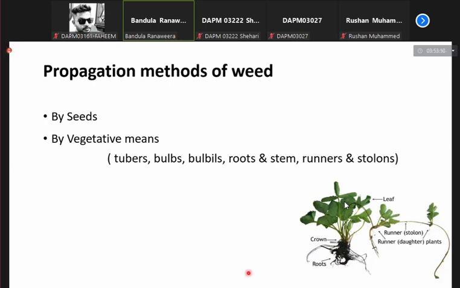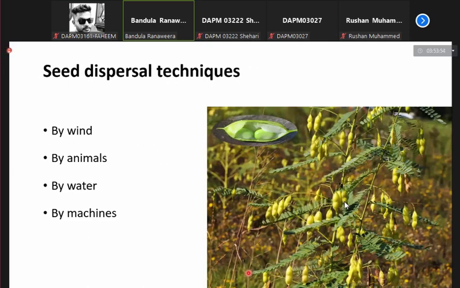The produced seeds are disseminated through wind, by animals, by water, and by machineries. So all these are very serious.